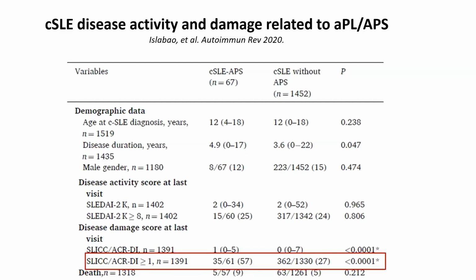These are data from a large Brazilian cohort that is following almost 1,500 pediatric patients with SLE, and among those, 67 had antiphospholipid syndrome. I found this data very interesting. They evaluated a comparison of patients with APS and without APS, and found no differences in disease activity as assessed by SLEDAI index.